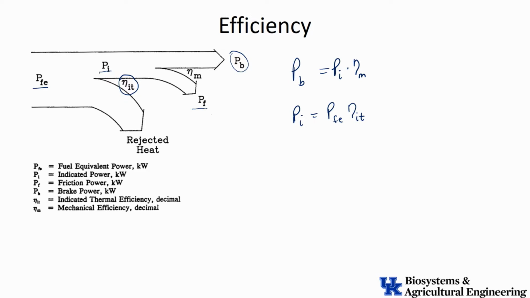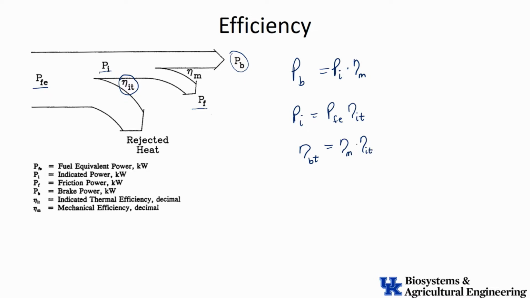So how do I go all the way from the front to the back? Well, we have another efficiency that we define as the brake thermal efficiency. So it's kind of a combination of the two. Eta sub BT, that's the brake thermal efficiency, and that relates the brake power to the fuel equivalent power. And so it can be calculated as the multiplication of the mechanical efficiency times the indicated thermal efficiency.